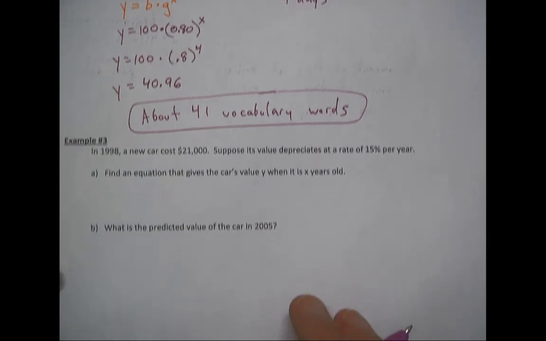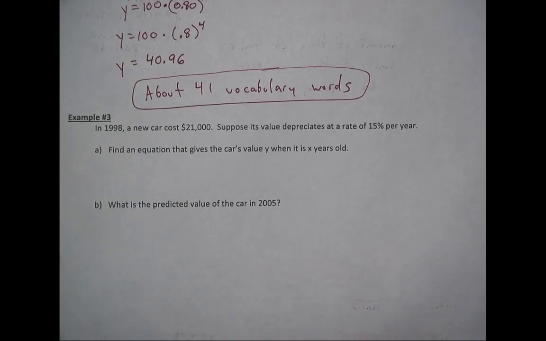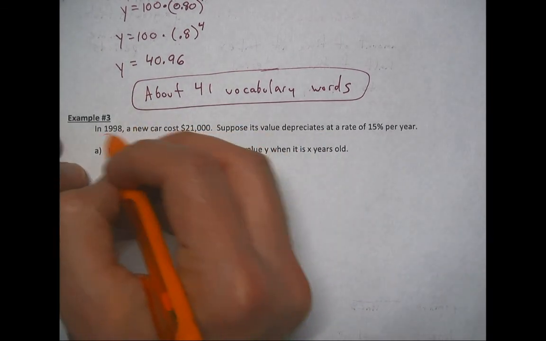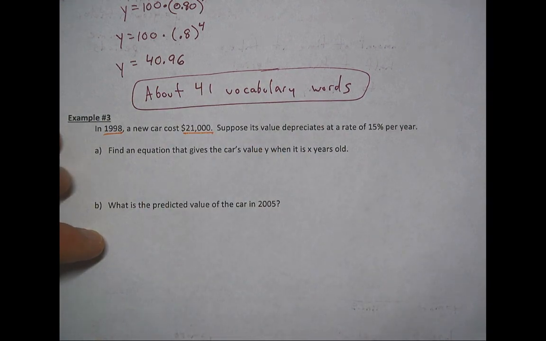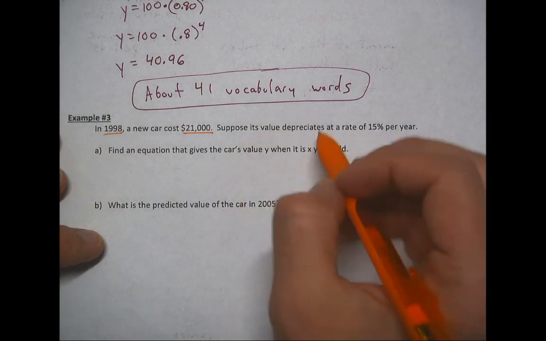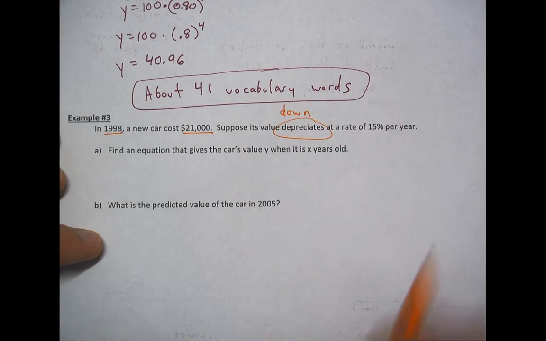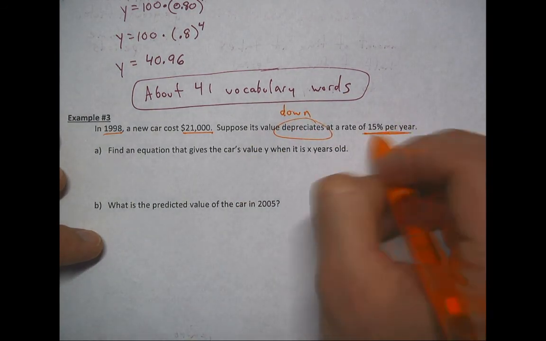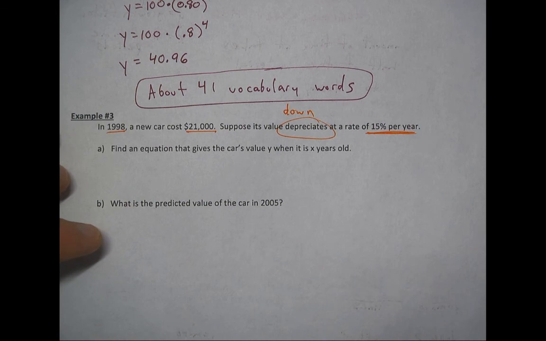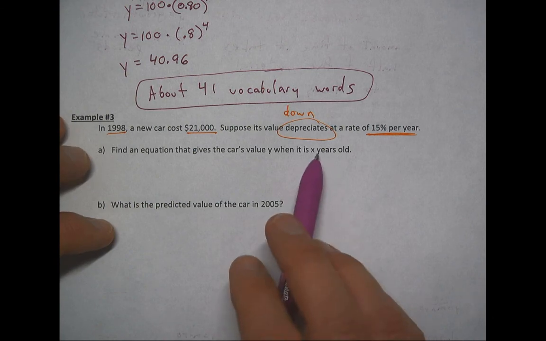All right, example number 3, same idea. In 1998, a new car cost, so there's the year, here's the original cost, $21,000. Its value depreciates, that's going down, at a rate of 15% per year. So there's all the information that you need. Find the equation that gives the car's value, y, when it is x years old.